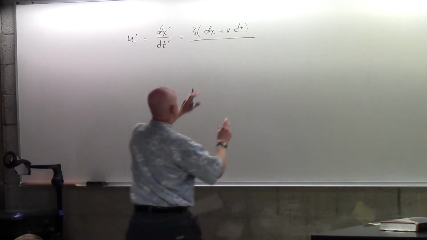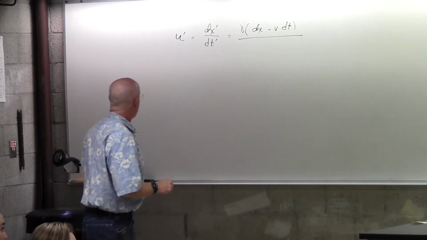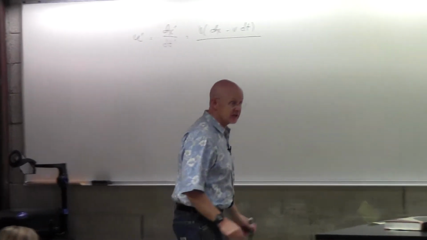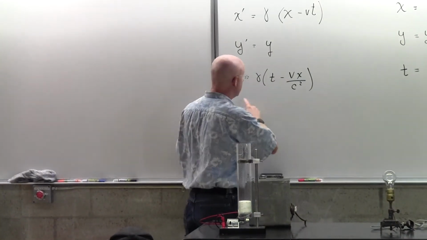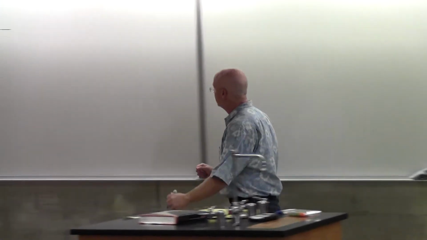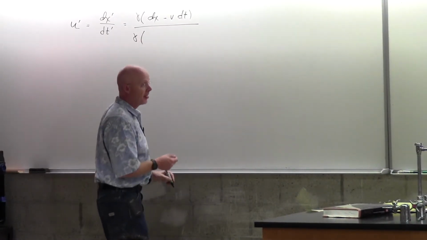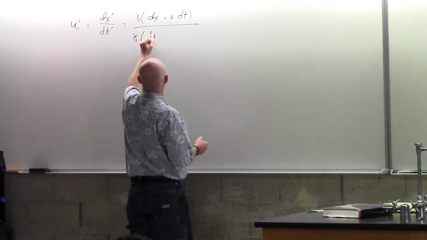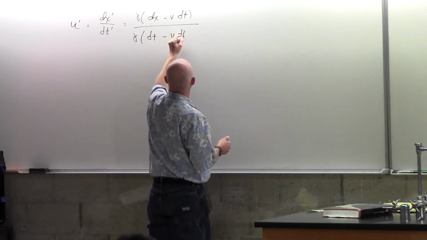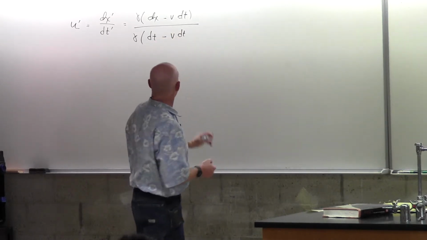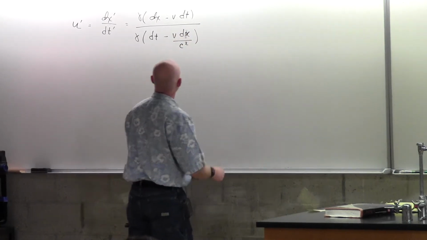Oh, minus sign. Sorry. Get my symbol straight there. And likewise, that's why I needed the second piece of the equation. How much time would elapse as seen by me? Well, that would be another factor of gamma. And then I would have a dt, and then a minus v dx. Thank you. dx over c squared.